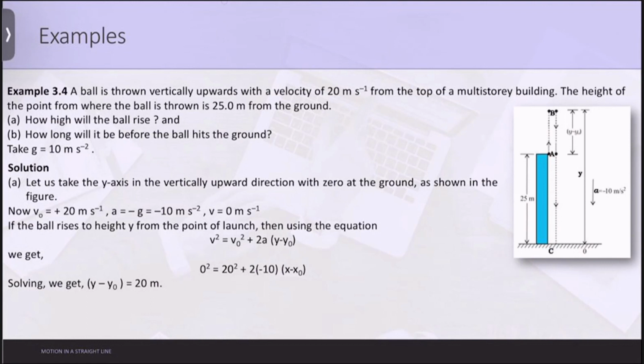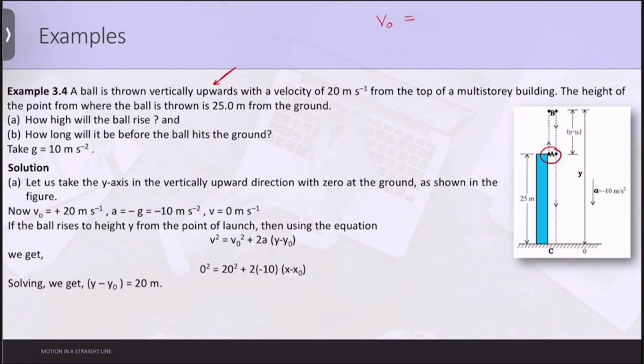Let's understand: a ball is thrown vertically upwards. Every word is important. It is thrown vertically upwards with a velocity of 20 meters per second from the top of a multi-story building. Let us say this is the position from where we are throwing the ball. So this is the initial velocity given. So v naught is the velocity with which the ball is thrown upwards, right?